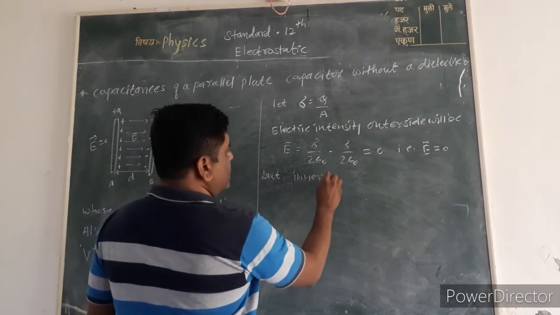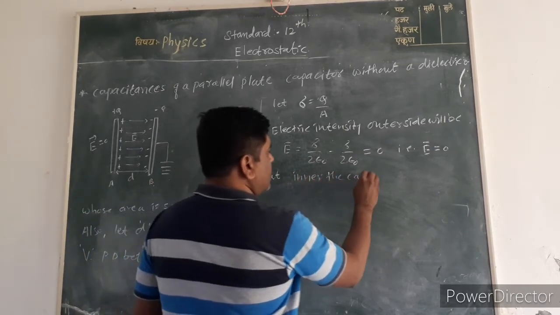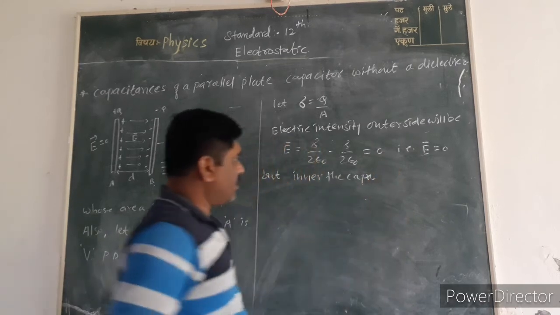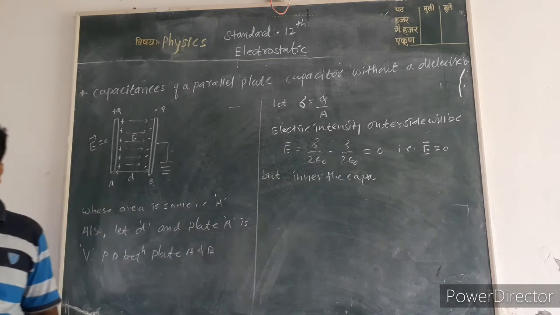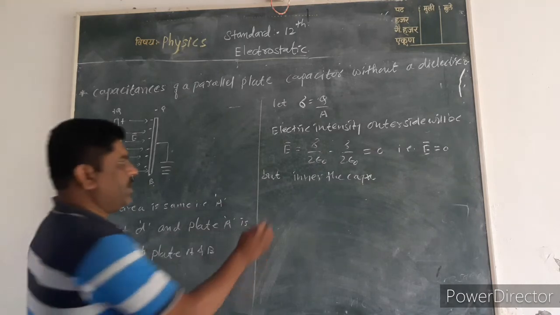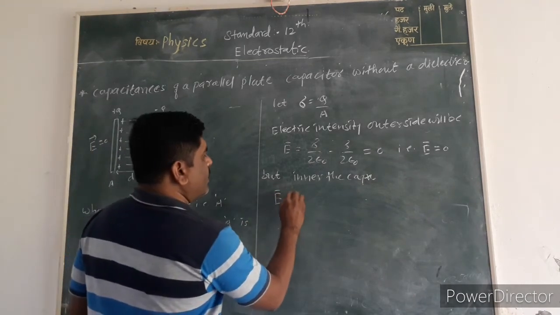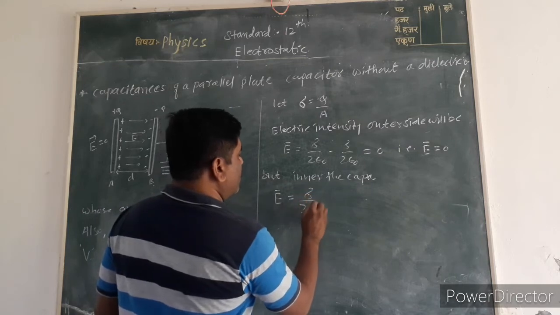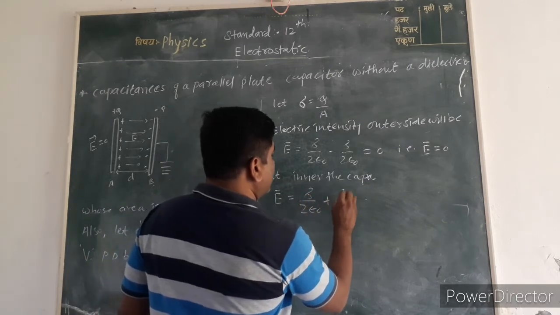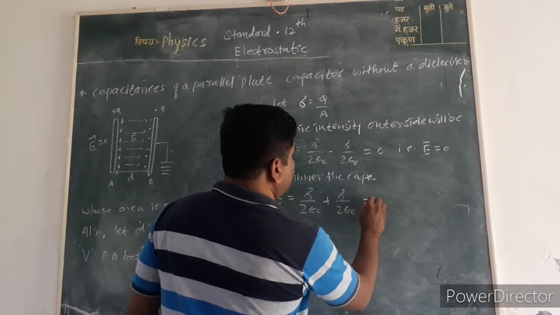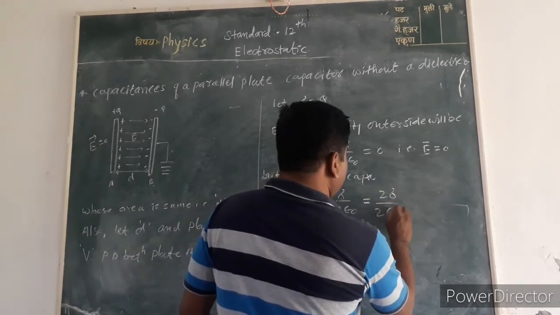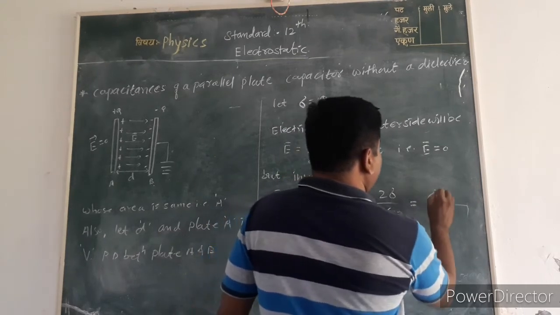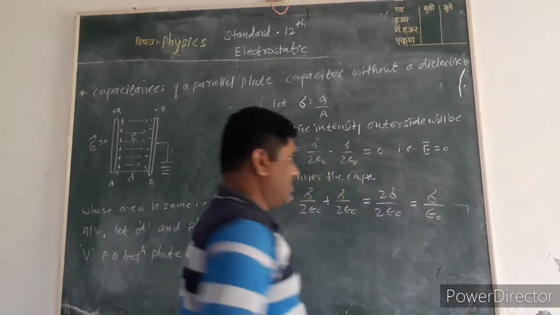But on the inner side of the capacitor or plates, the intensity will be E bar is equal to sigma upon 2 epsilon 0 plus sigma upon 2 epsilon 0. This gives 2 sigma upon 2 epsilon 0, or sigma upon epsilon 0.